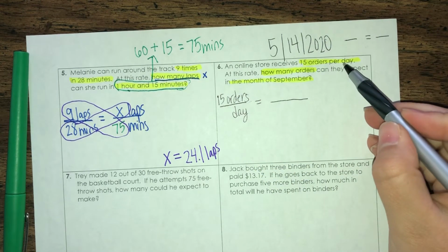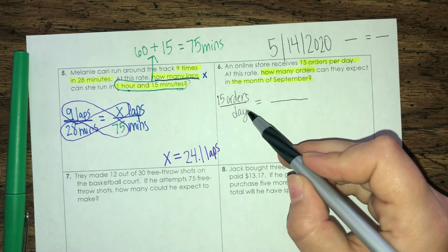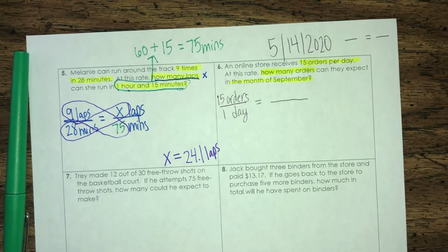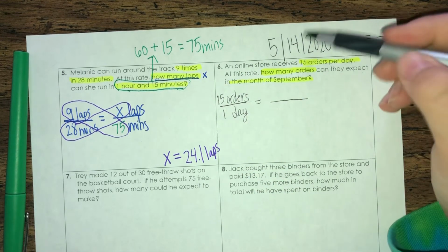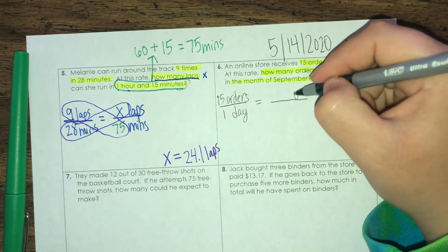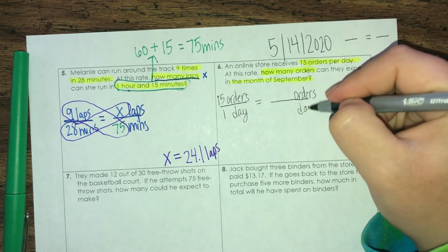Now, they don't give us a value for the day. So if we are just seeing day, how many days is just a day? 1. How many orders? Well, if orders are on top here, we're going to put orders there. If days are on the bottom there, we'll put days here.